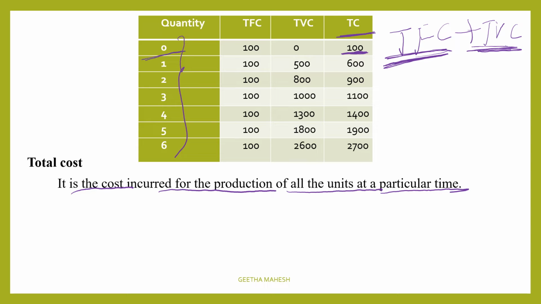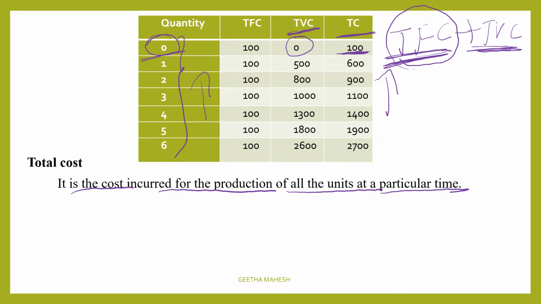When output is 0, total cost will exist because it includes total fixed cost. The second thing, as output increases, total cost also increases. The small difference is that total variable cost will be 0 when the quantity of output produced is 0.